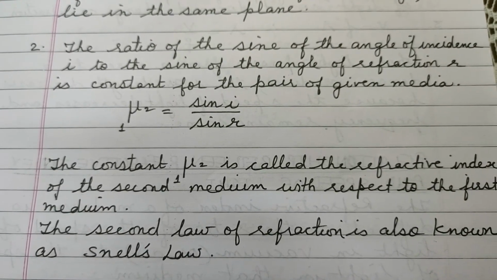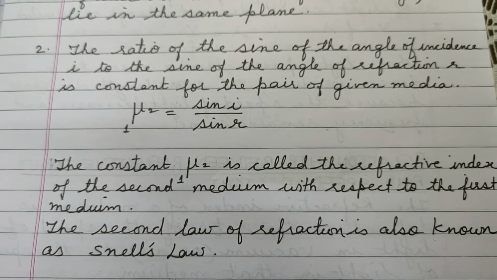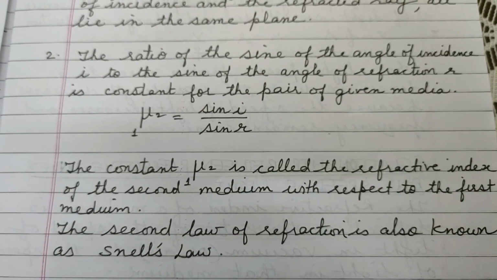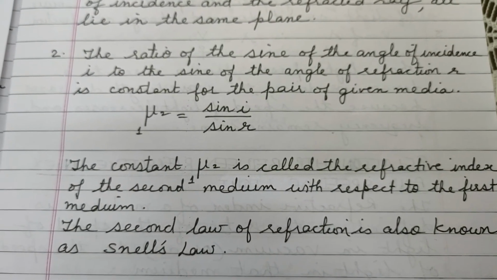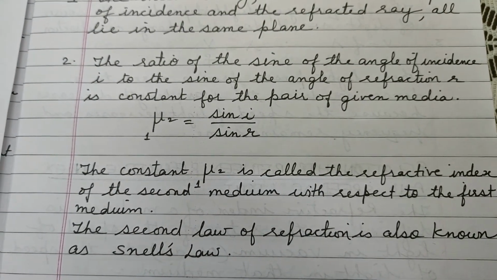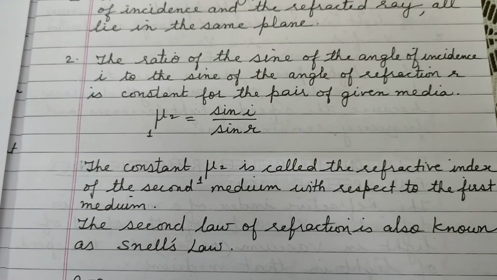The second law of refraction is also known as Snell's law. So anytime in your examination, if you are asked to define Snell's law, you'll only write the second law of refraction, not the first law of refraction.